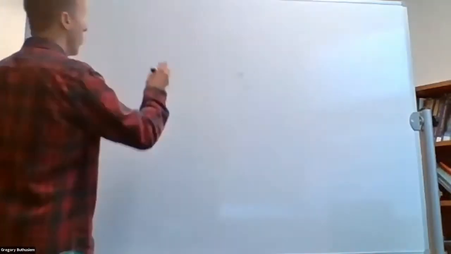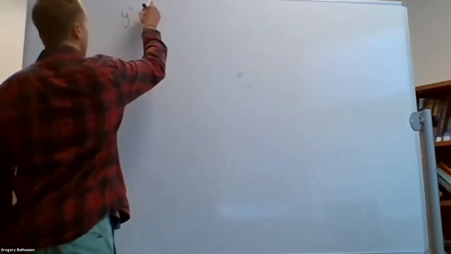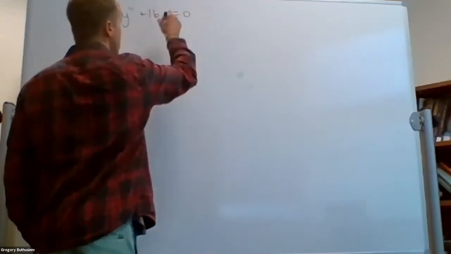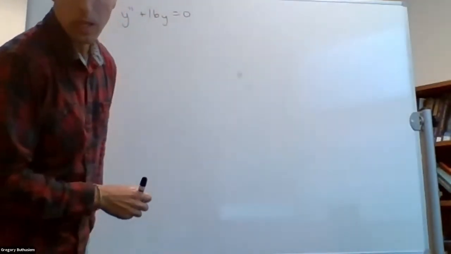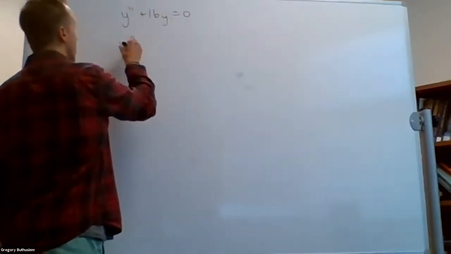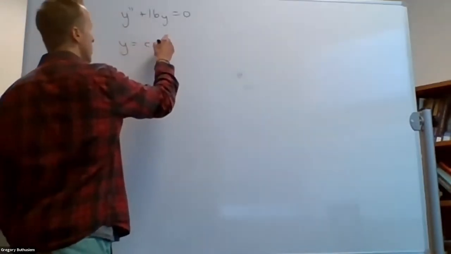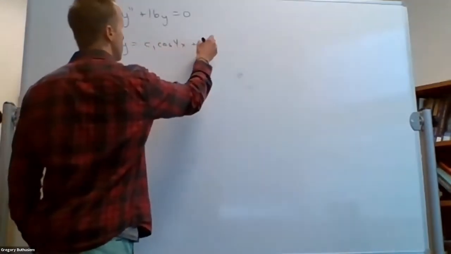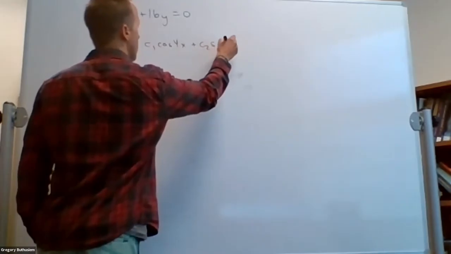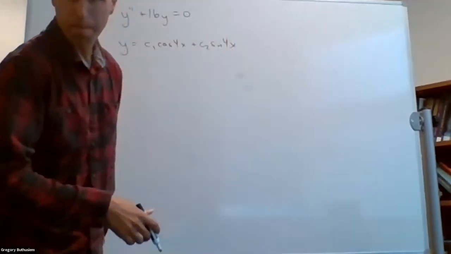So we got y double prime plus 16y equals 0. And we got the solution they already found for us, which was C1 cosine 4x plus C2 sine 4x. Right? Yep.